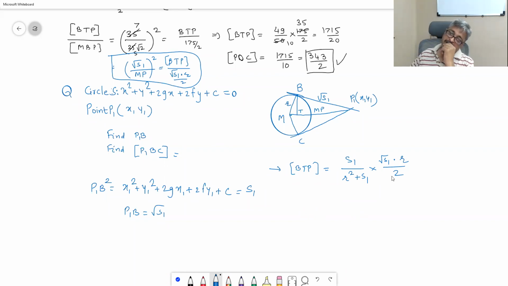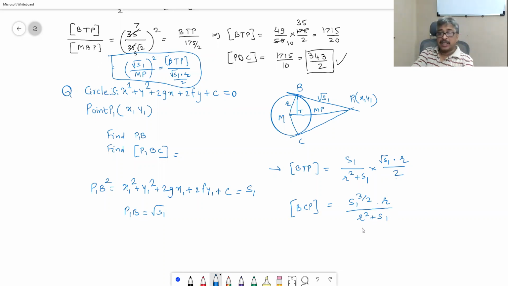Right. So what is this? S1 raised to 3 by 2 into R upon R square plus S1, into upon 2, but if I write it as area of BCP, then that 2 will get cancelled. This is the area.